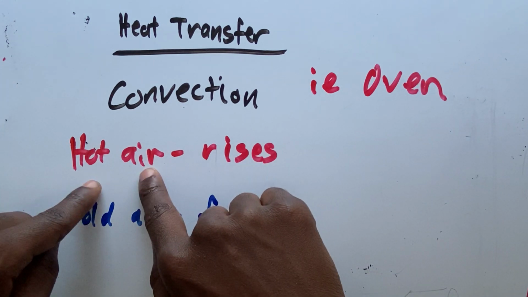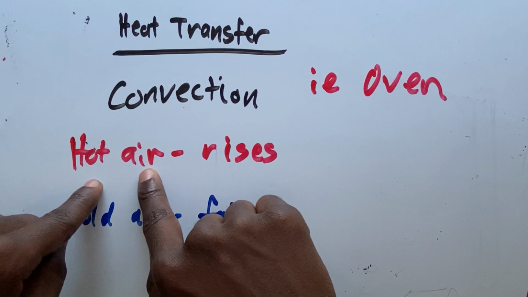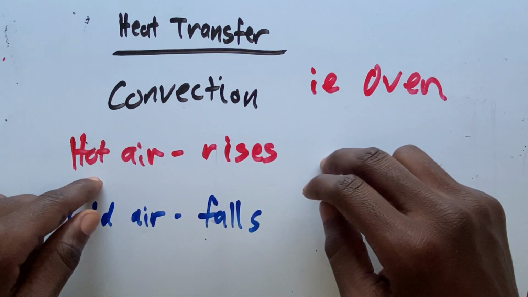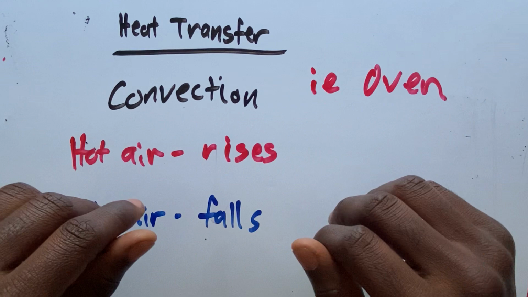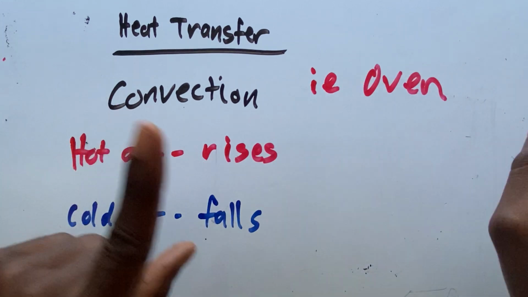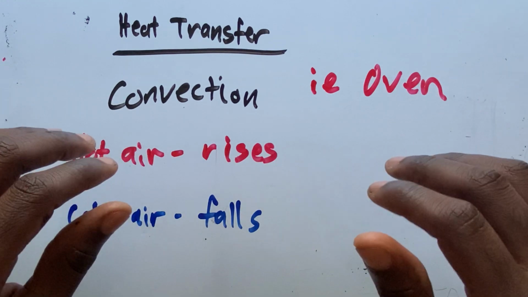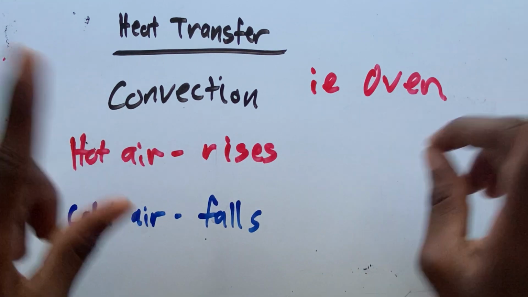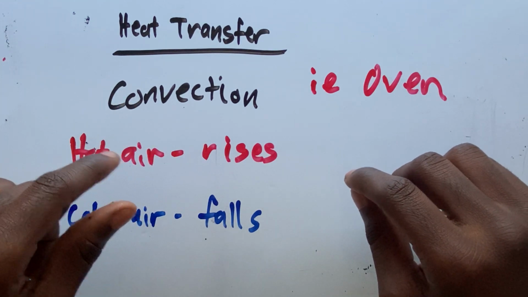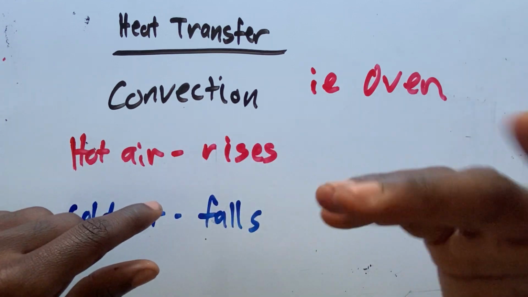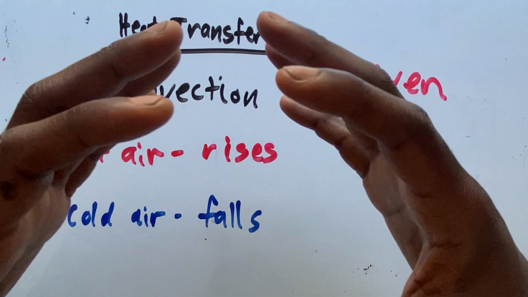Basically, hot air rises because as you increase the temperature of air, the air molecules are going to get more and more kinetic energy, and so they're going to be moving a lot faster. And so as hot air rises, it also tends to expand.